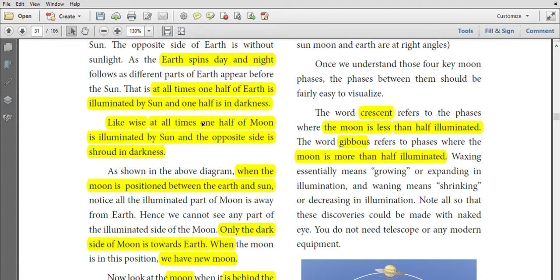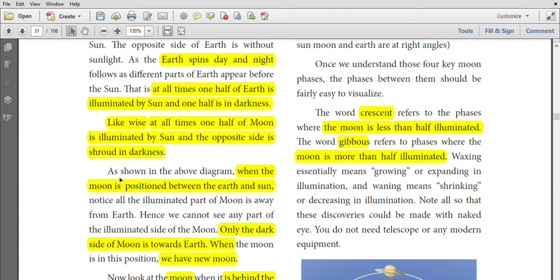Likewise, at all times, one half of the moon is illuminated by the sun and the opposite side is covered in darkness. When the moon is positioned between the earth and the sun, only the dark side of the moon is towards the earth. This causes new moon day.